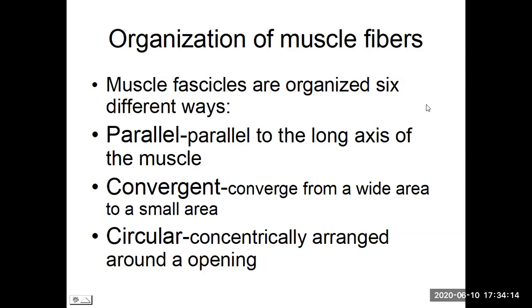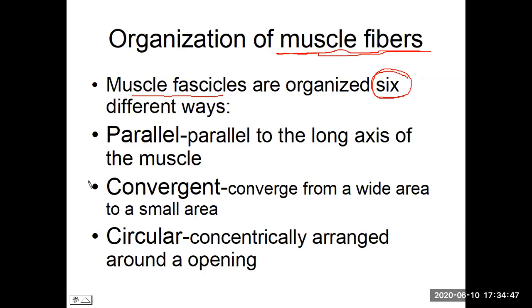This next topic is now looking at the shape of muscle tissue structures. And we see these various shapes all the way at the surface of the muscle organ. So depending on how the fascicles, the bundles of muscle cells, are oriented and connected to the tendon, we can see these six principal shapes, these six principal appearances for muscle organs.